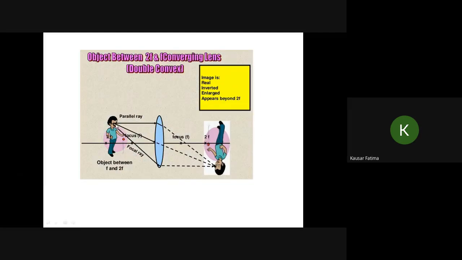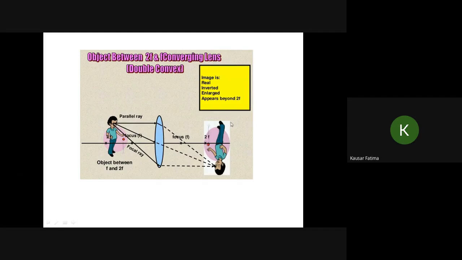Object between f and 2f, the child has come closer, the image has shifted away from 2f, magnified. See, the image is bigger than the object. Object between f and 2f, image is real, inverted, and magnified.